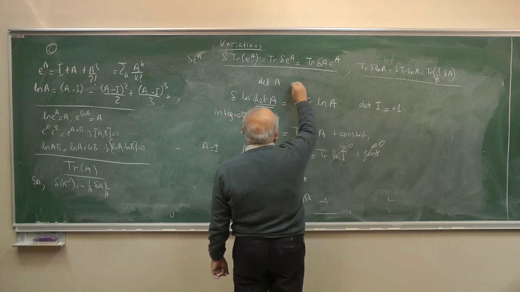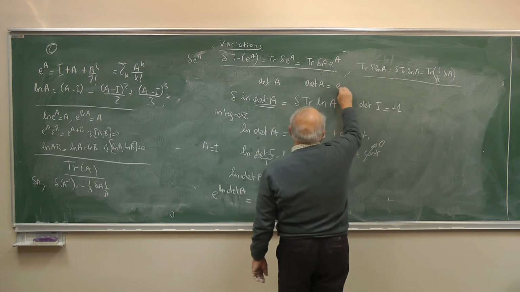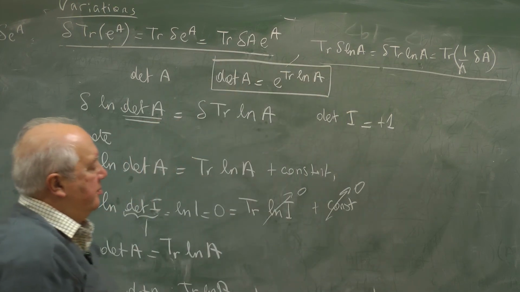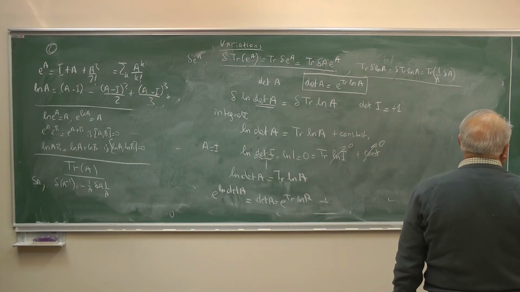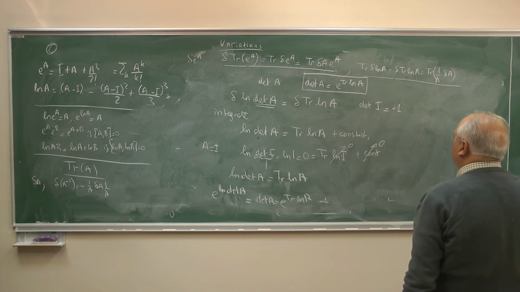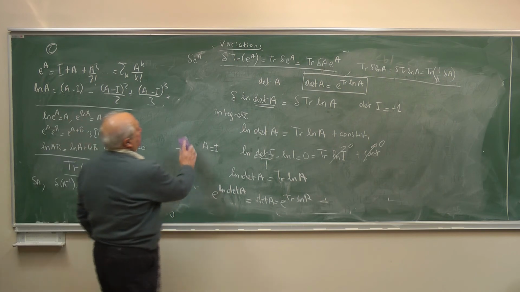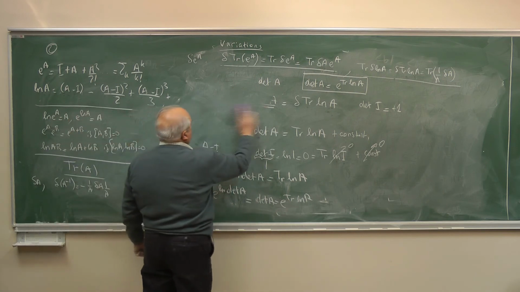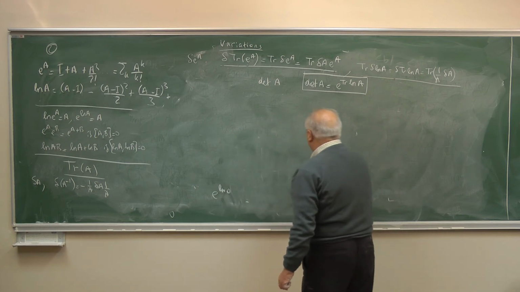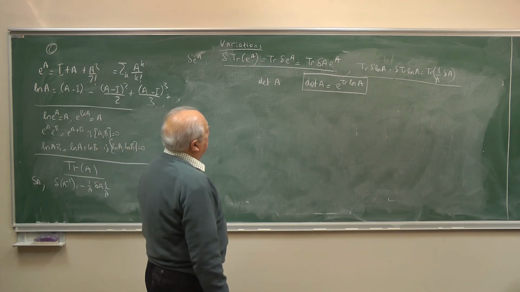Determinant A we defined through this variational statement, and we found determinant A is equal to e to the trace log A. Determinant A is a number.